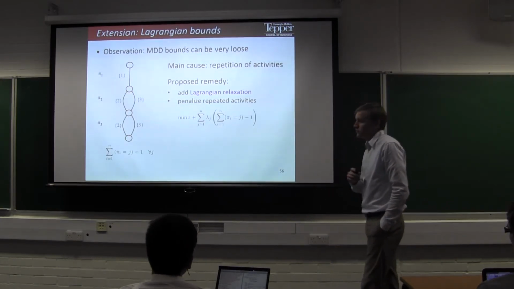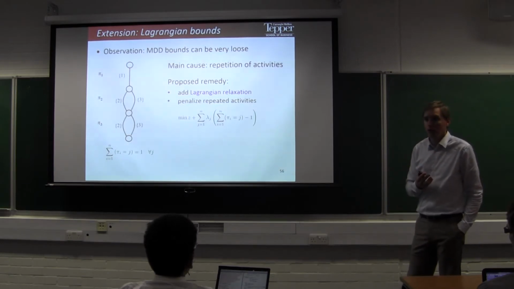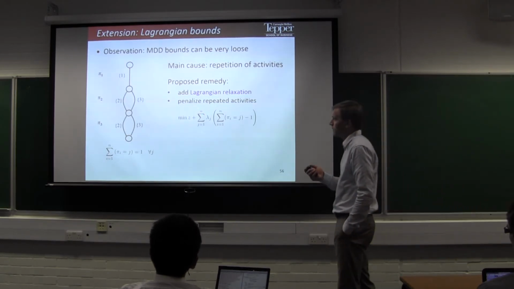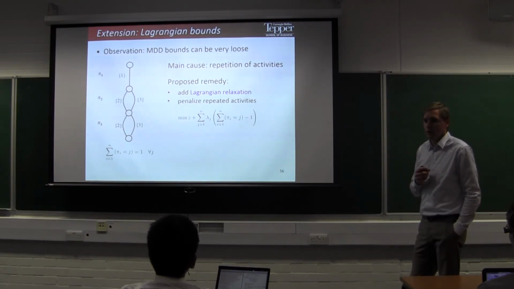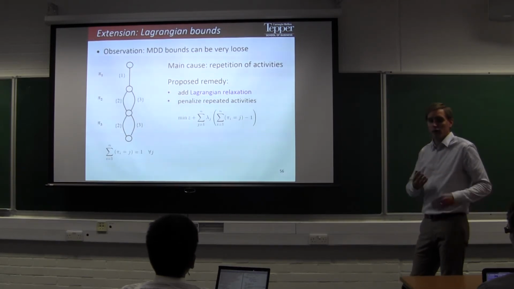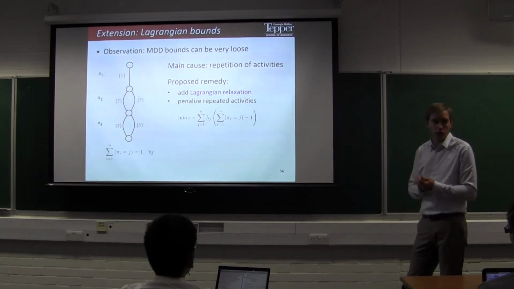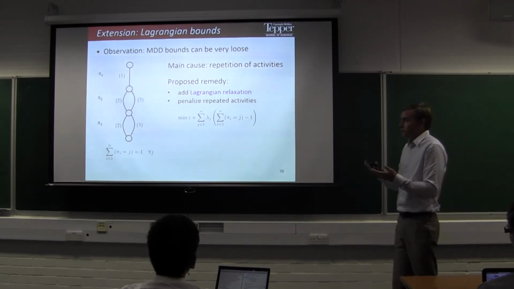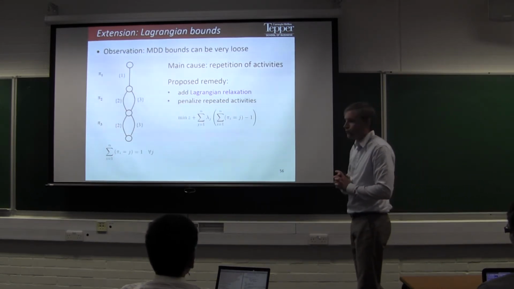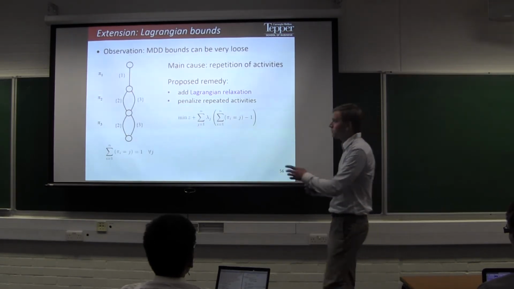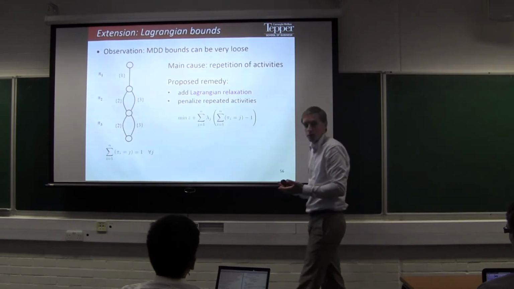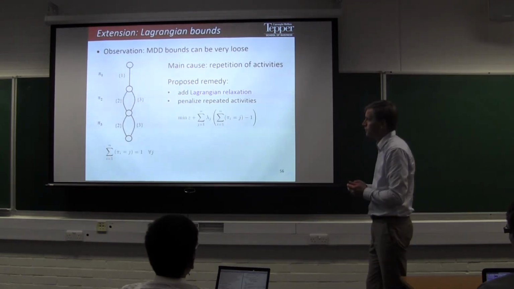Now, Lagrangians give you a bound on the objective, a lower bound in our case, regardless of the lambda, the penalty that you choose. The challenge is to find the lambdas that give you the tightest bound. You typically use a subgradient method for that, but that's fine. You don't need to do that optimally. Any set of penalties will work and gives you a bound, maybe worse, maybe better than your original.